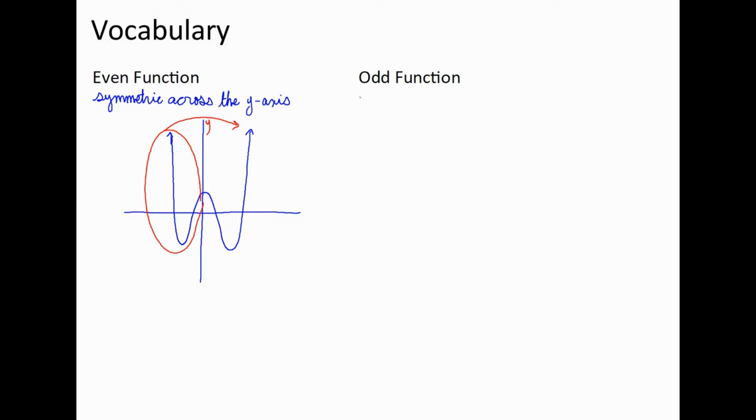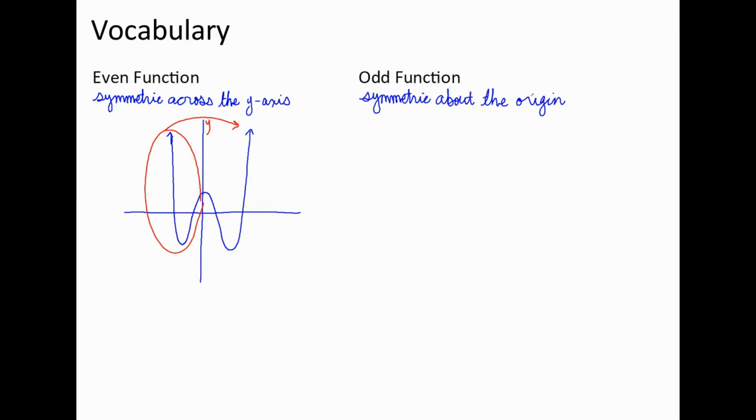Our other type of function that we can have is an odd function. So this one, we're saying we are symmetric about or around the, not the y-axis, I'm reading over here, but we're talking about symmetric about the origin, not an axis, the origin.